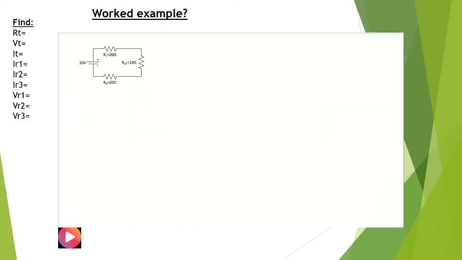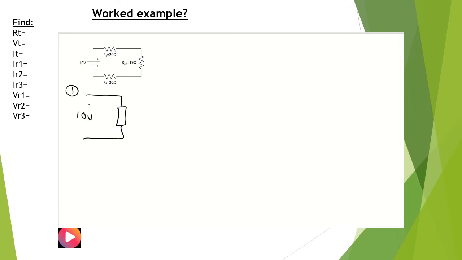Okay, let's have a look at the circuit listed above and see if we can simplify it to find the total resistance, the voltages across all the resistors, the current through all the resistors, and the total current. The first thing we need to do is simplify the circuit. Our first drawing is a circuit with one resistor in it.